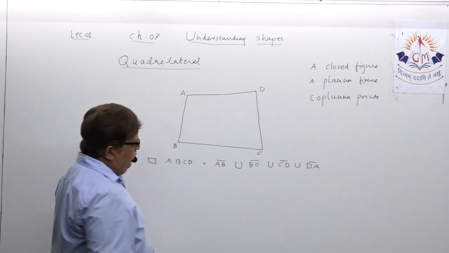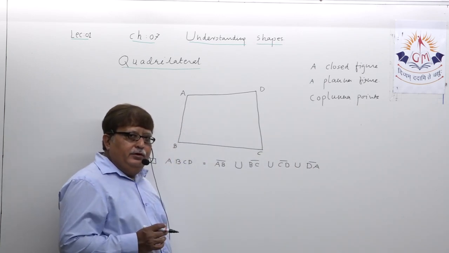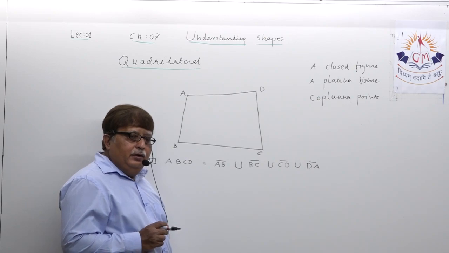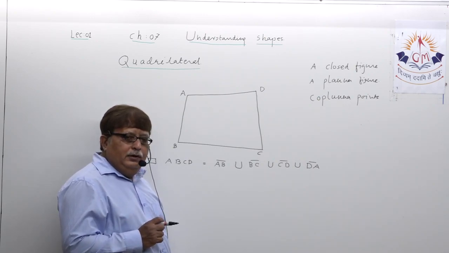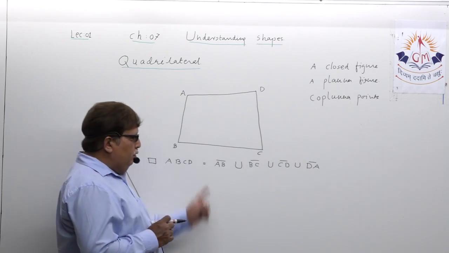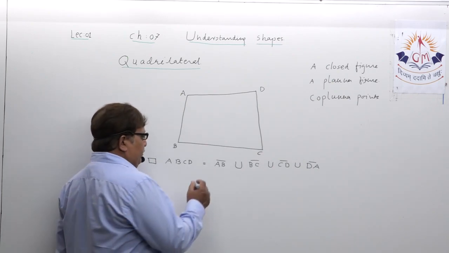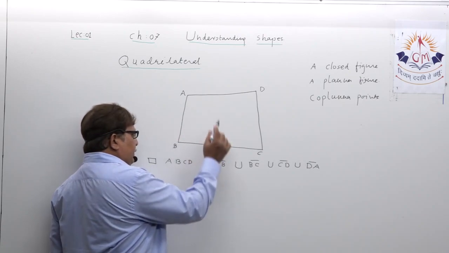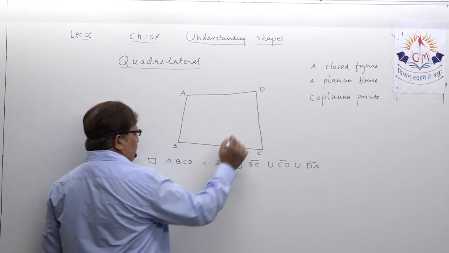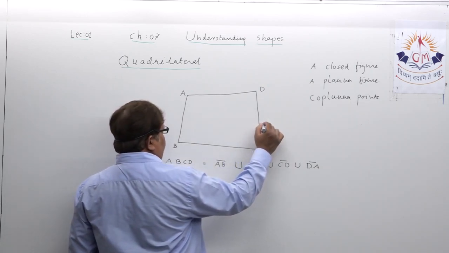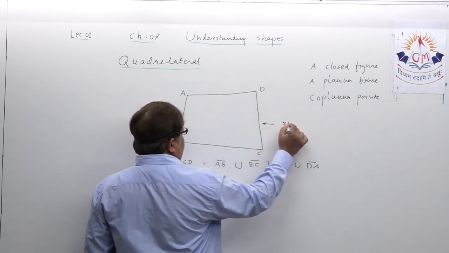Means this quadrilateral ABCD is formed by how many line segments? Four line segments. All these four line segments are known as sides of quadrilateral.